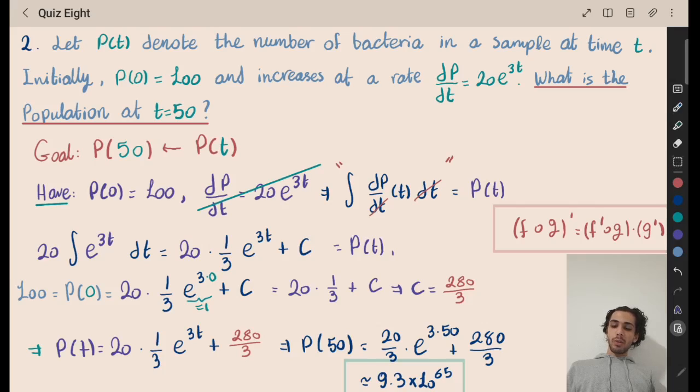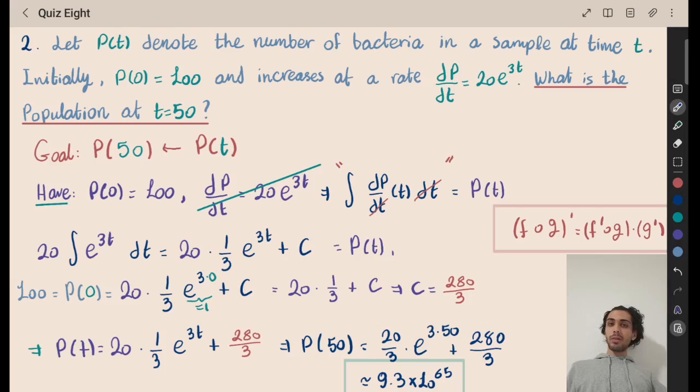So it's 1 with 65 zeros. It's not 65 million, it's not 65 trillion, it's 65 zeros. Like a billion has 9 zeros. This has 65, just to give you perspective.